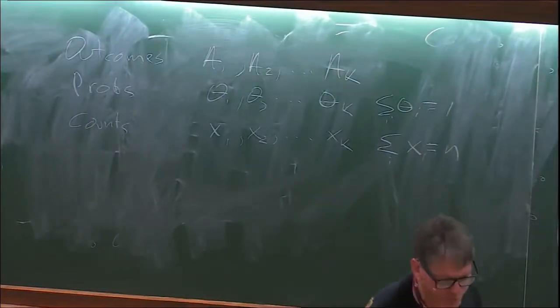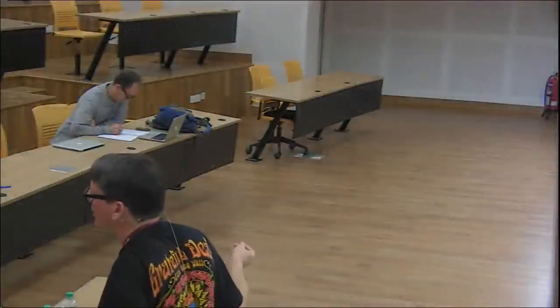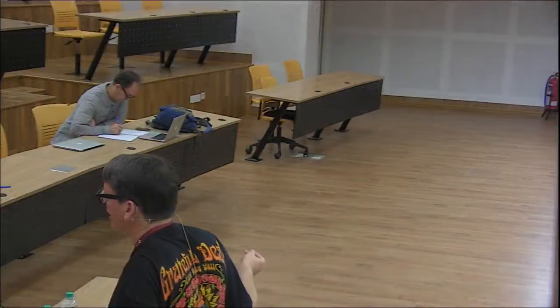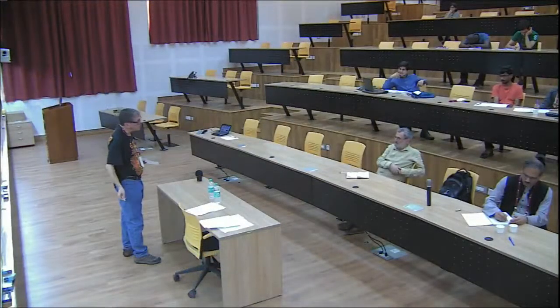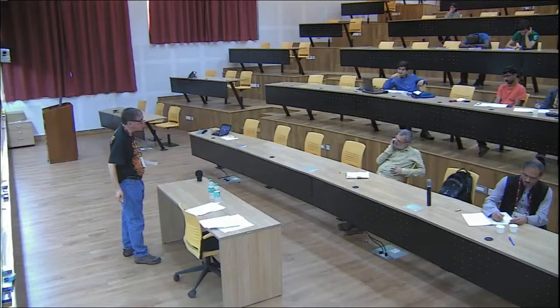There's k possibilities. There are all sorts of cases where this comes up. A roulette wheel is one example, dice are another. There is a beautiful example in the notes that I urge you to look at. There's a guy named Kurt Weldon. This is a famous case in the history of statistics.